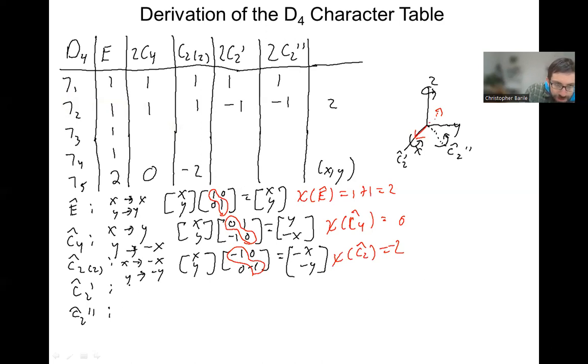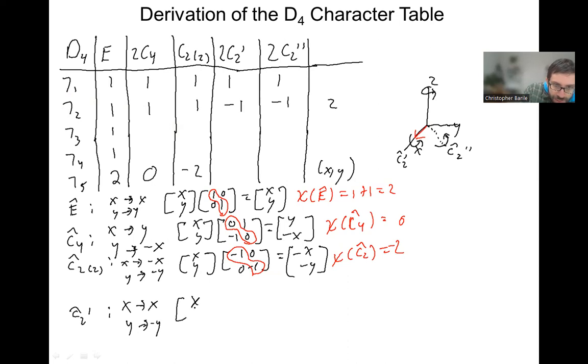And our next one is a C2 prime. It's going to give us some more space here. I'll call this a C2 prime. What's going to happen? Well, remember we defined our C2 prime as being along the x-axis. So if we're spinning along that same axis, x is just going to stay as x. Y, however, is going to be flipped to -y.